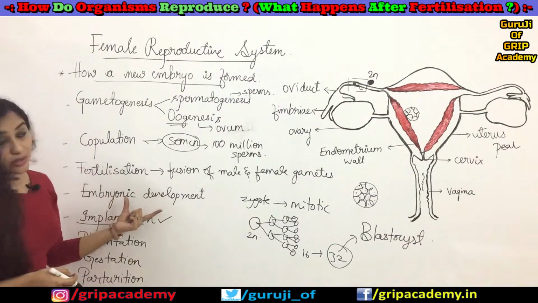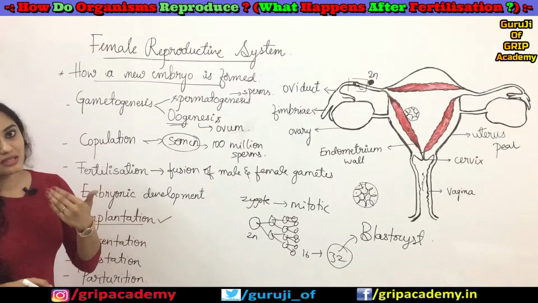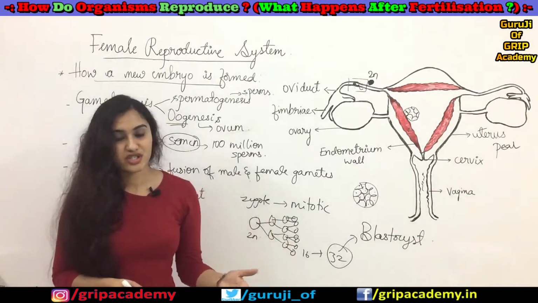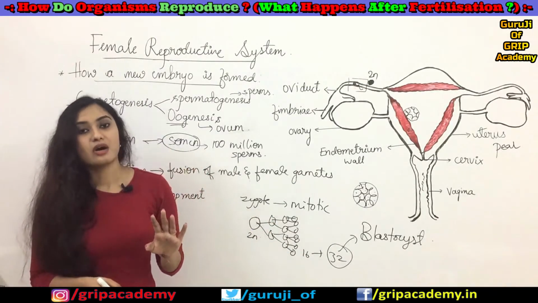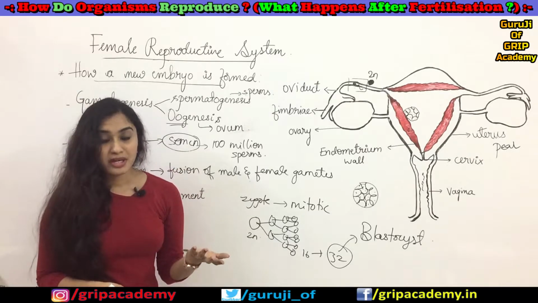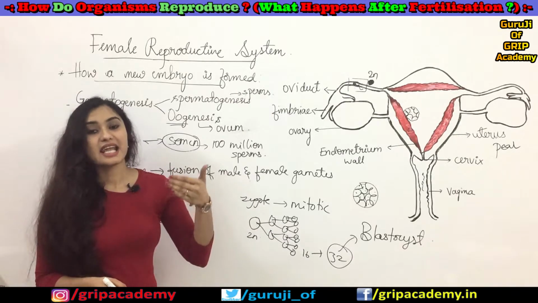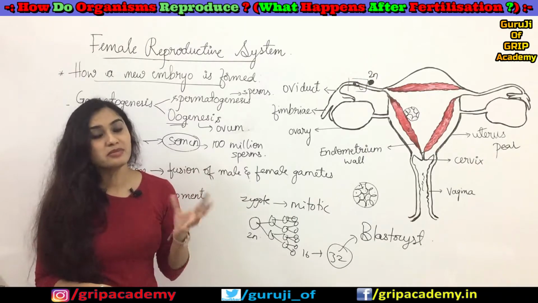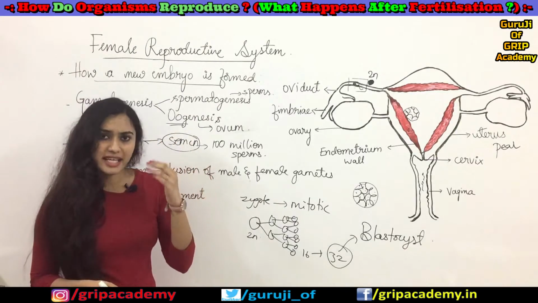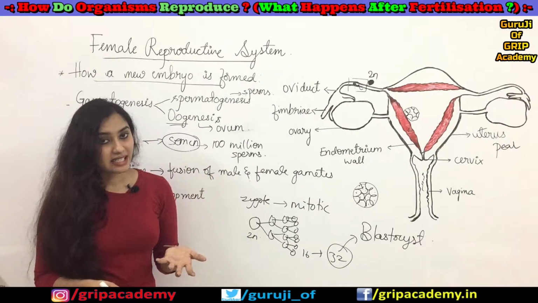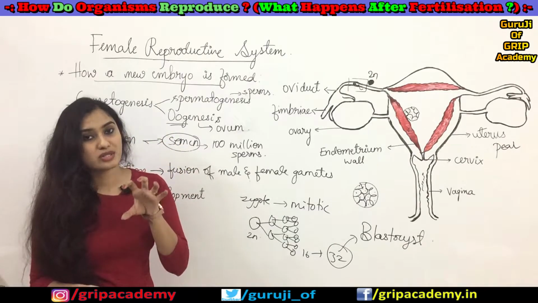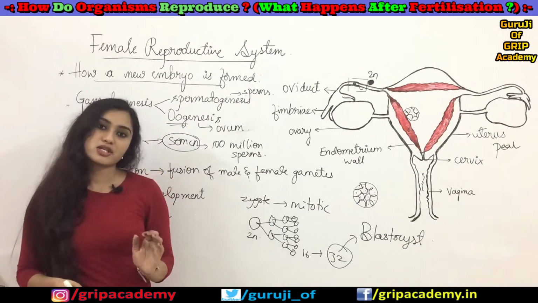You understood how the embryo is going to develop, right? With continuous mitotic division where one cell becomes 2, 2 cells become 4, 4 become 8, 8 become 16, and 16 becomes 32 cells, and it goes on dividing like that, but when it reaches the 32 cell stage, it is called a blastocyst.